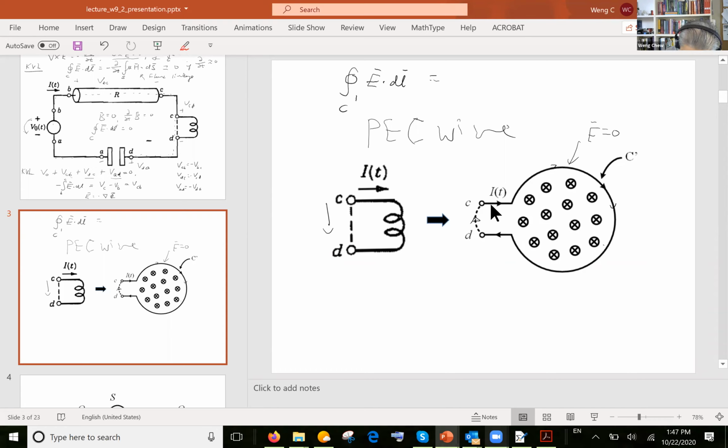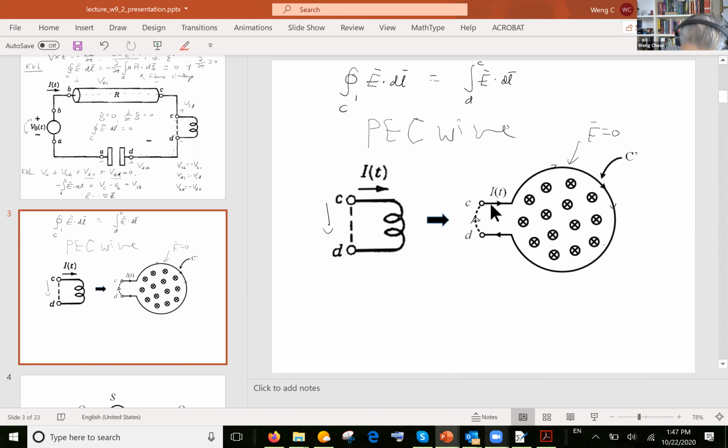So this would be E dot dl from D to C. Let me put C here and put D here. So this is going to be D to C, and the flux linkage is not going to be 0.